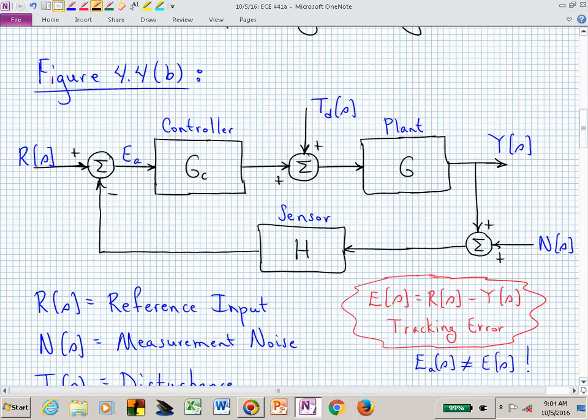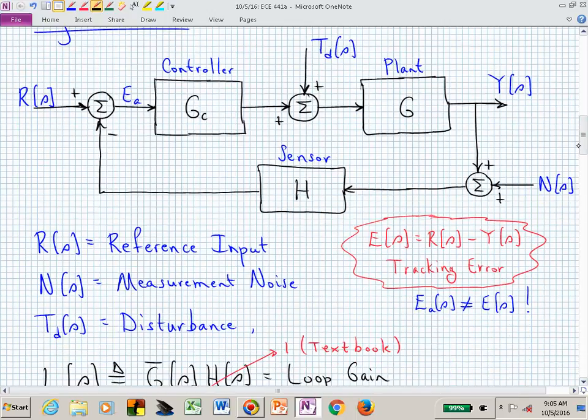And if it is, then this E sub A, if the noise wasn't present, would look like our tracking error. Our tracking error is defined as the difference between where we want to go, our reference signal R, and where we actually go, Y.